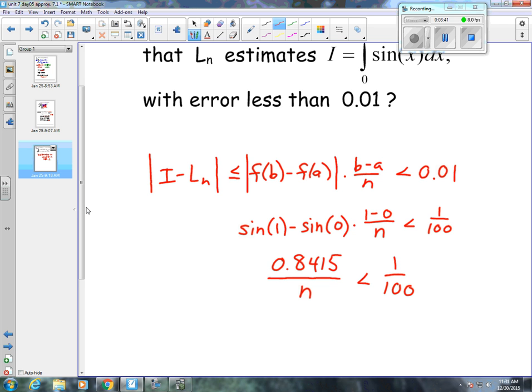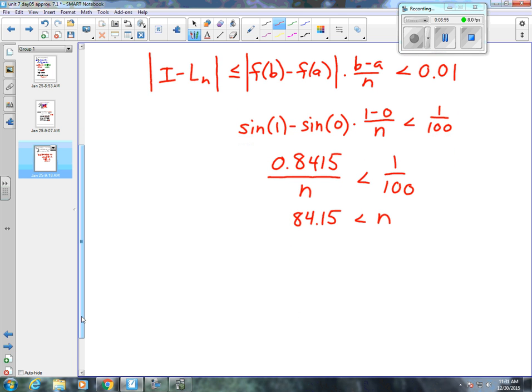So if I multiply both sides by 100, I get 84.15, and multiply both sides by n. That will not change the inequality because I know n is a positive number. I get n has to be greater than 84.15. Now, since n represents subintervals for a Riemann approximation, I know they have to take on integer values.